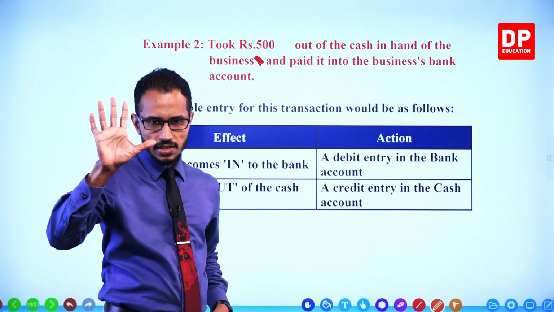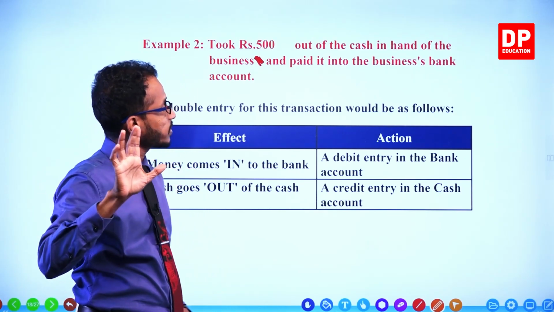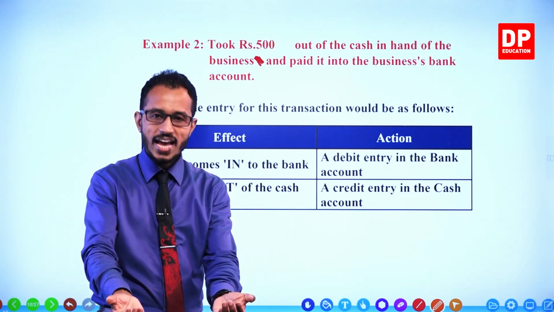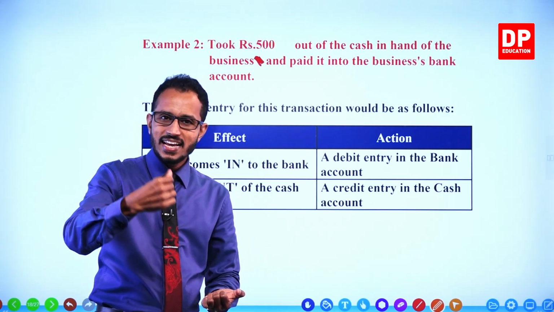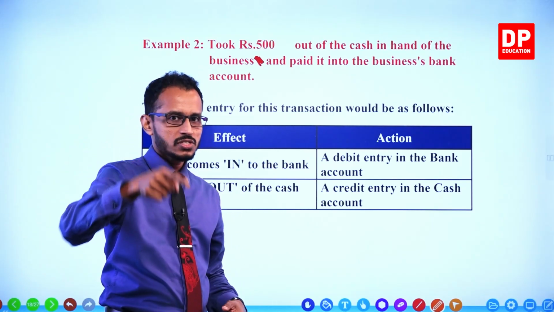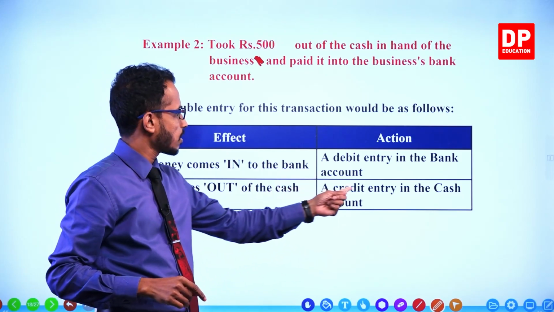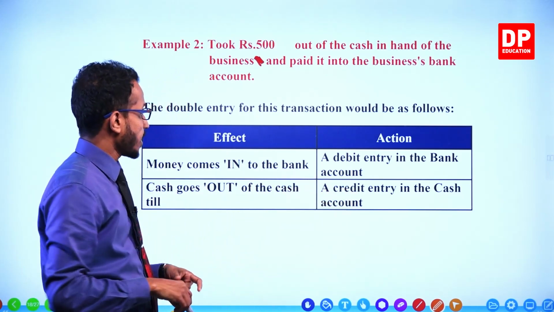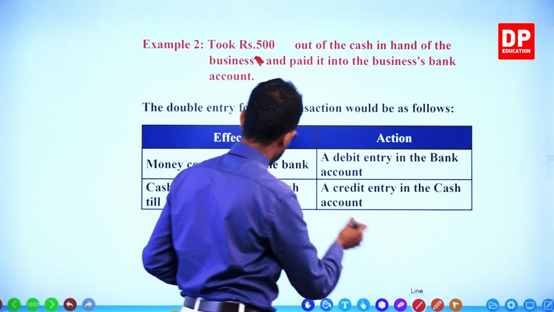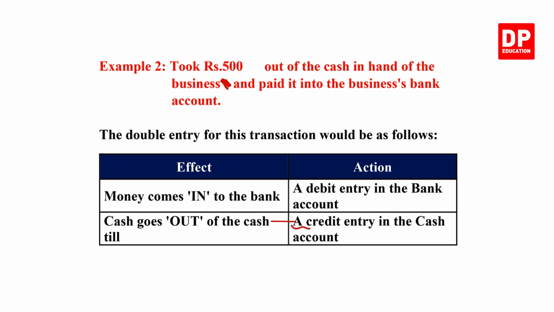That means 500 cash has been taken out of the cash till, and that 500 goes out. Then outs are credited.